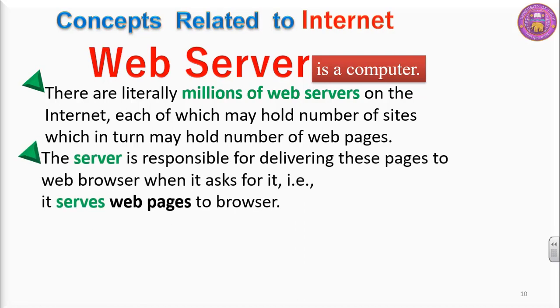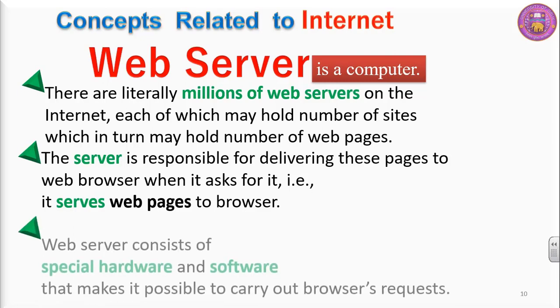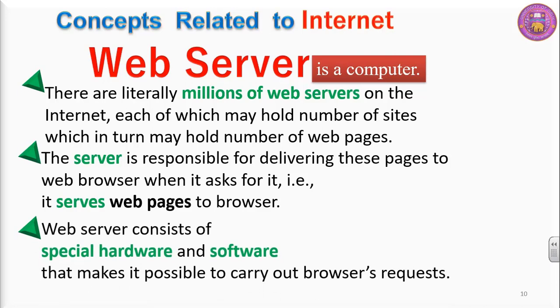The server is responsible for delivering these pages to the web browser when it asks for it. That is, it serves web pages to browser. Web server consists of special hardware and software that makes it possible to carry out browser's request.